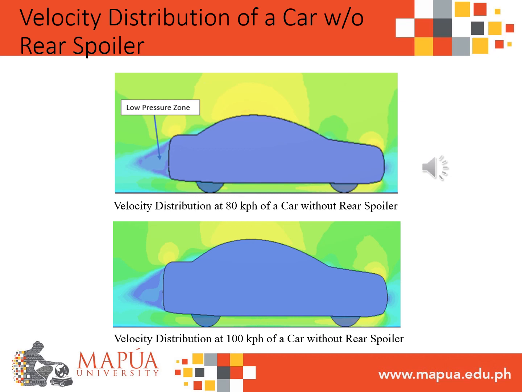Here we can see that the low pressure zone for a car without a rear spoiler doesn't change as we transition from 80 kilometers per hour to 100 kilometers per hour. This makes sense because from the results, the drag coefficients at 80 kph and 100 kph are the same.